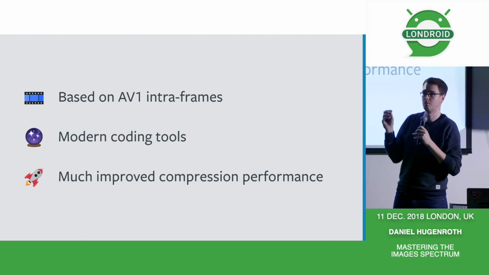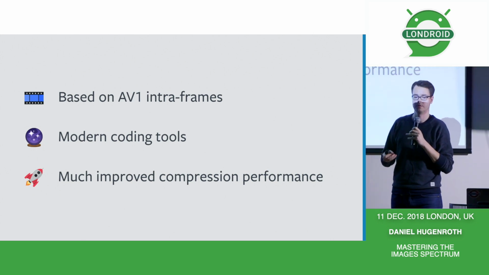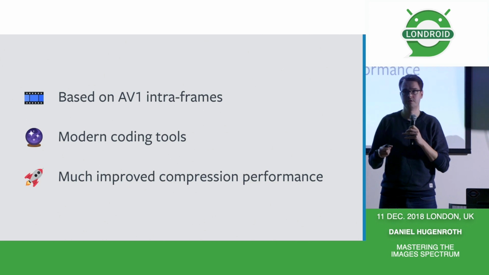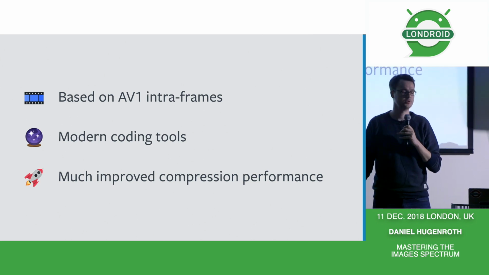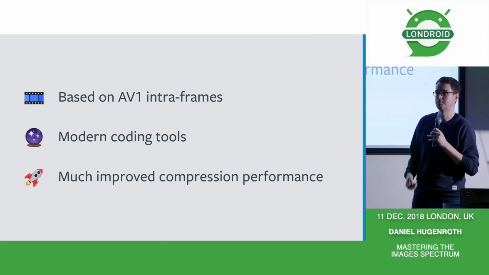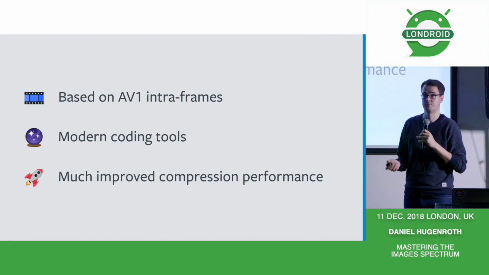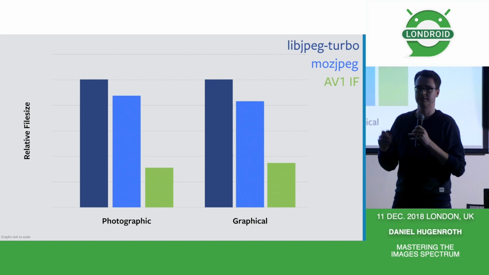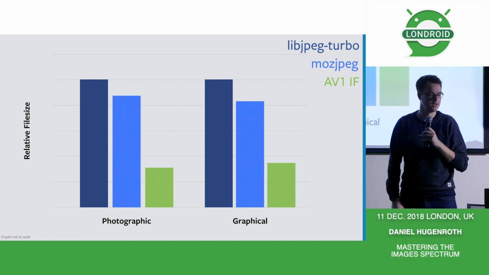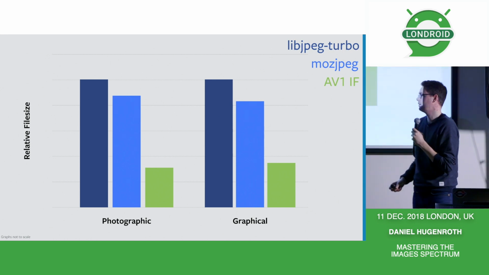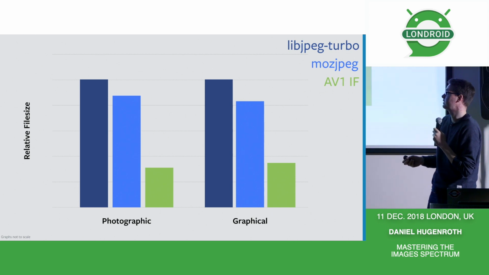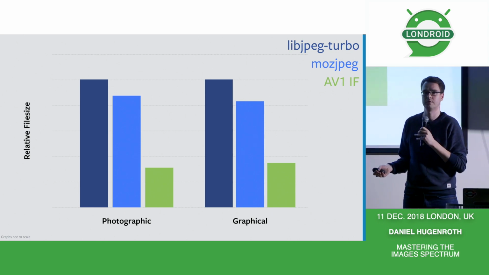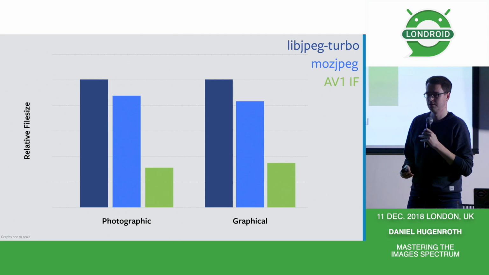What it offers is a royalty-free codec that uses modern coding tools that result in much improved image compression performance. And when we did this with a small set of images in a small study, what we saw is that the relative file size can get down to 1/3 of an original JPEG file.